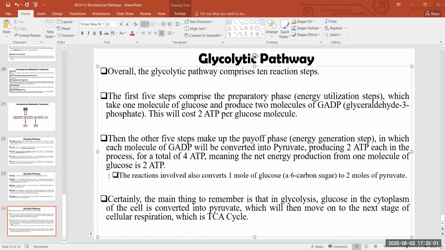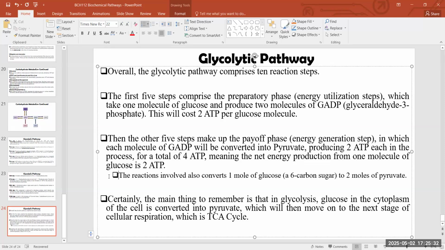Then in the third reaction, another ATP was added, so 2 phosphate groups were added by the end of the third reaction, giving fructose 1,6-bisphosphate. These 3 steps are called the energy utilization stage, or priming stage, while the last 5 reactions comprise the energy generation stage.